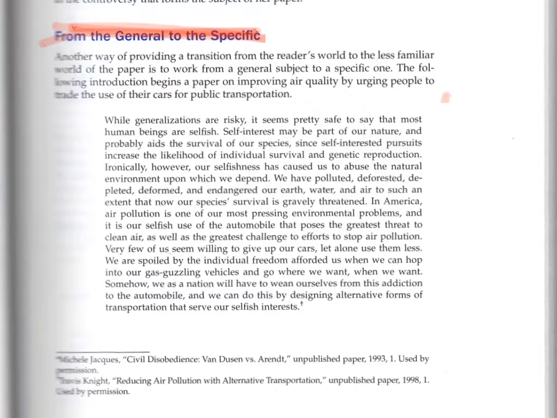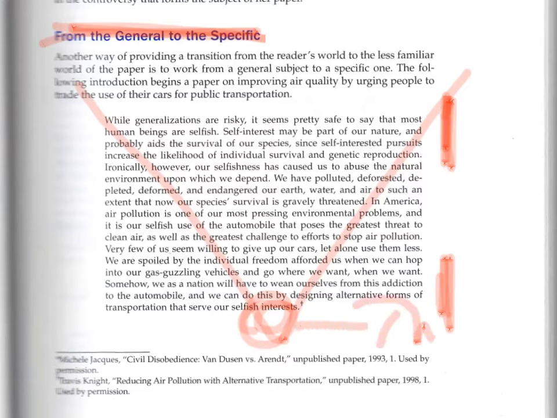This one starts out talking about selfishness in general and as a human trait. That's very broad. And then it narrows down to the idea of selfishness as regards our travel and our choice of travel with an automobile. So, general down to specific. Okay, and that's your thesis. It is at the end where you have your thesis. This is very common.